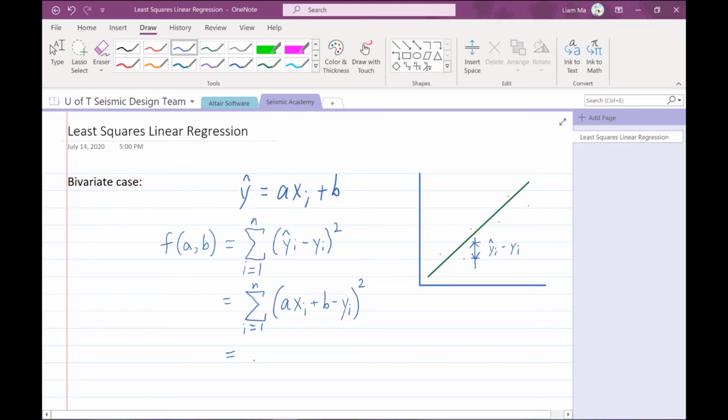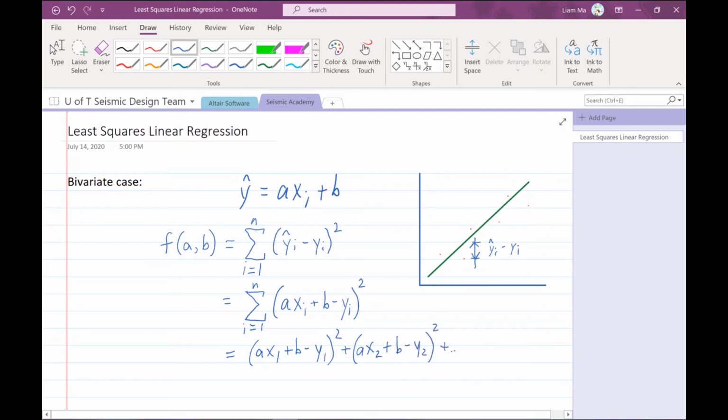So this would basically be a times x sub 1 plus b minus y sub 1 all squared, plus a multiplied by x sub 2 plus b minus y sub 2 all squared.